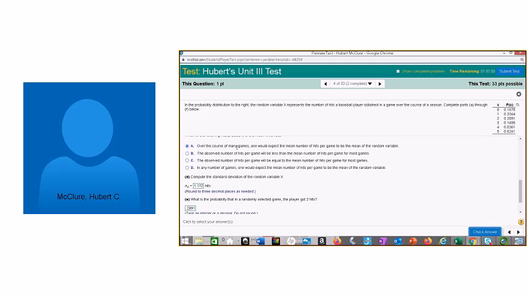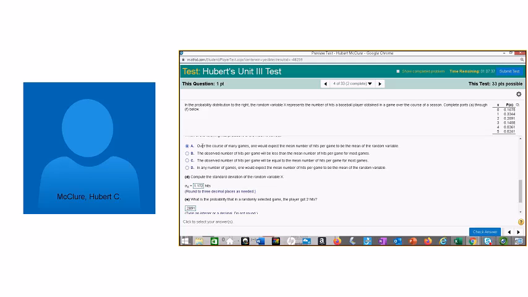All right, so what we need to write down is: over the course of many games, one would expect the mean number to be equal to the mean of the random variable. I knew it was equal to the mean of the random variable. That's why I accidentally picked this one. I just didn't think it would be over the course of many games in any number of games.